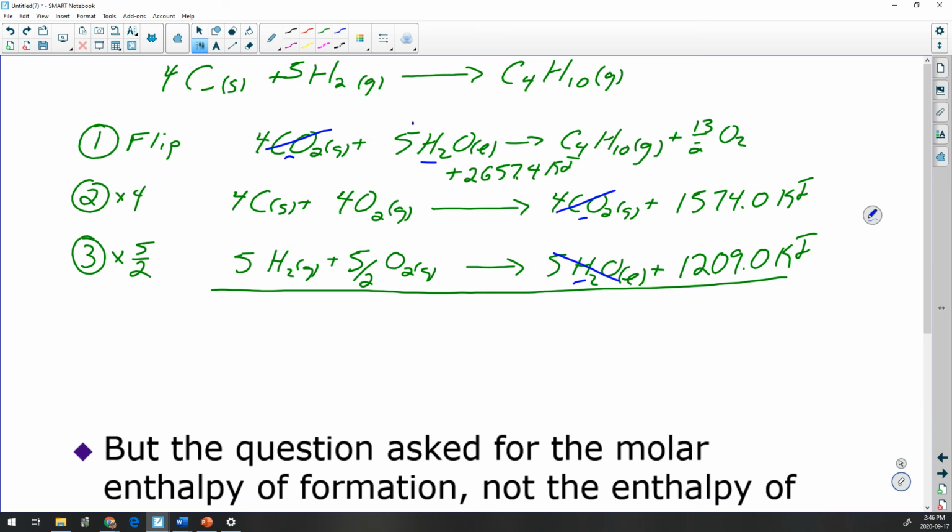I'm not going to bother writing it down. I have 6.5 oxygen combined between these two. Over here, this is 6.5. So again, those guys don't need to be written down.